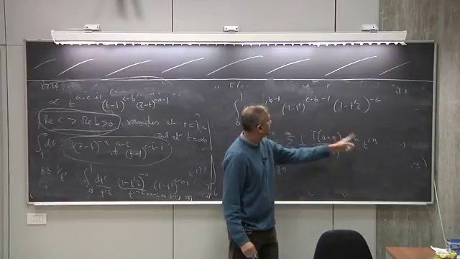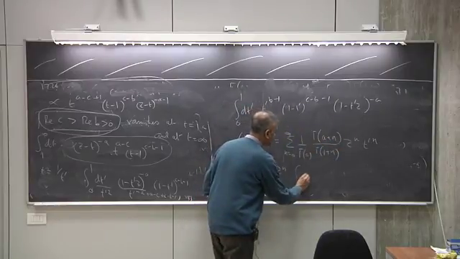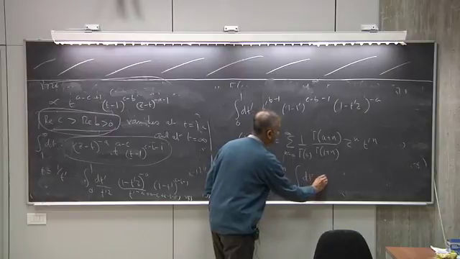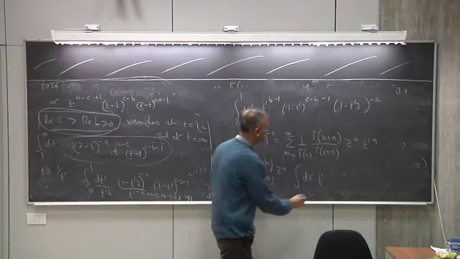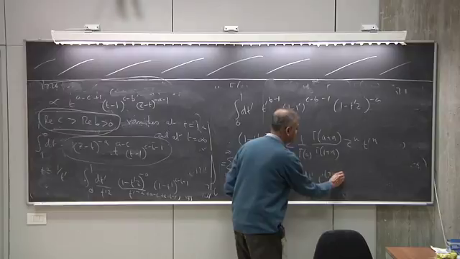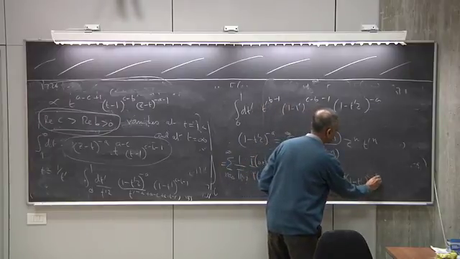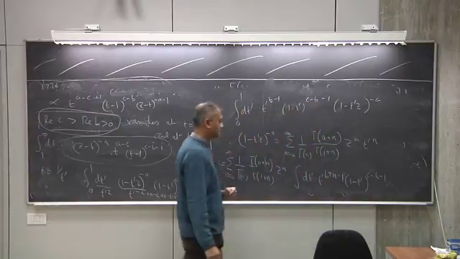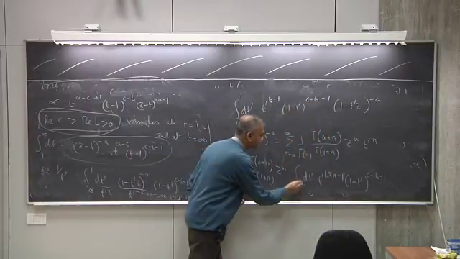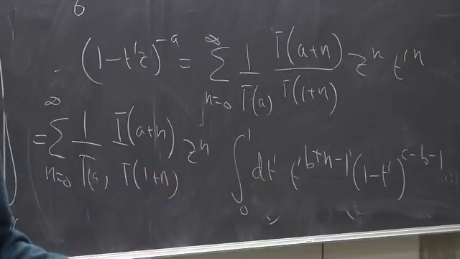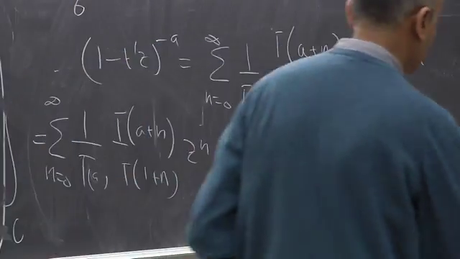And then I have to integrate t prime to the n dt prime times t prime to the b minus 1, so t prime to the b plus n minus 1, and (1 minus t prime) to the c minus b minus 1, from 0 to 1. Do you remember this integral? This integral was giving you the beta function, right? So we can explicitly put all together.